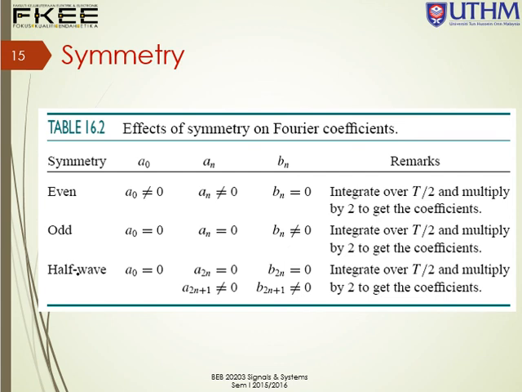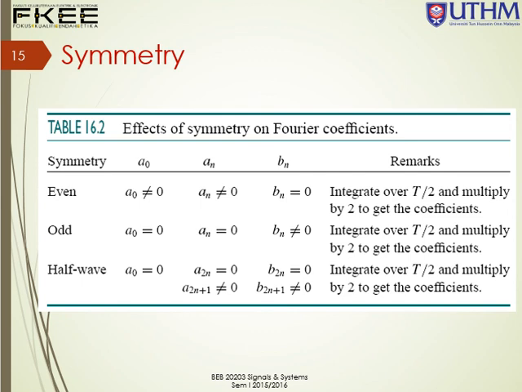For half wave symmetric, your a_0 will be equal to 0, and a_n and b_n for even n are equal to 0, but for odd n they are not equal to 0, so you need to calculate those coefficients.